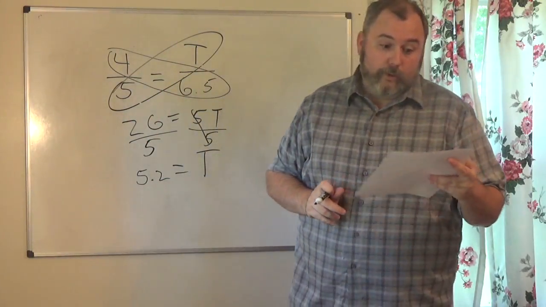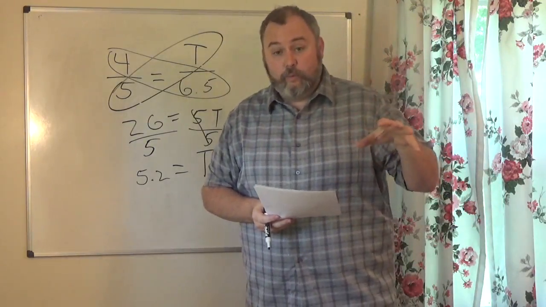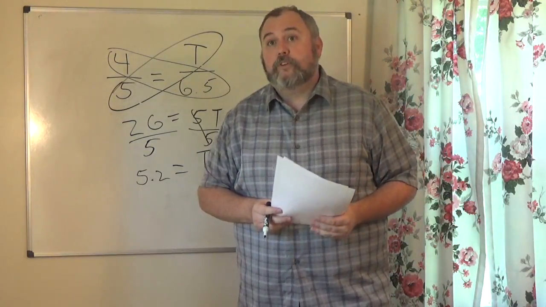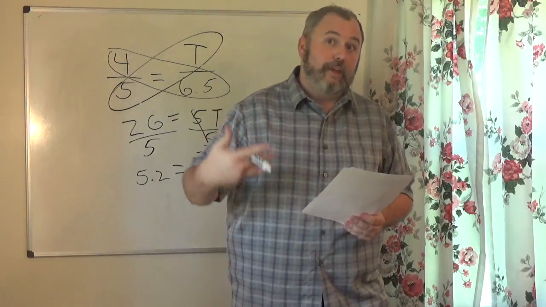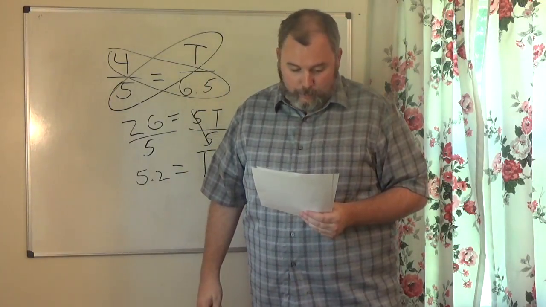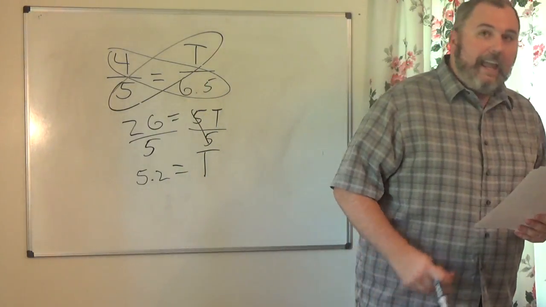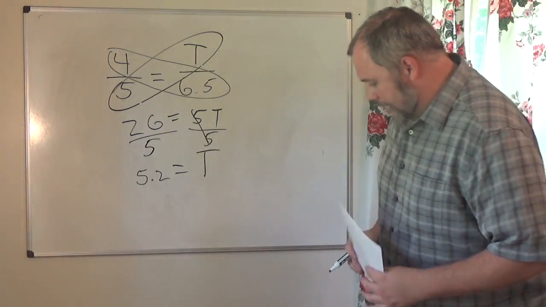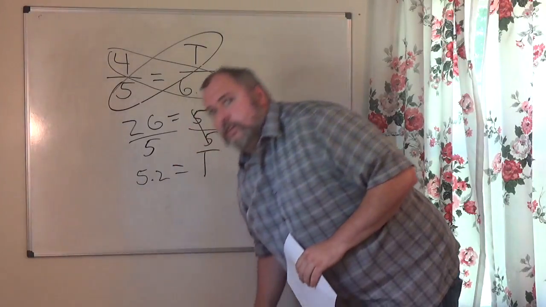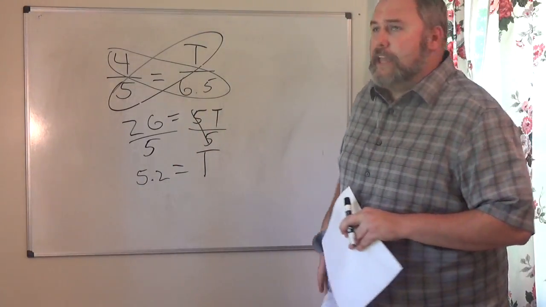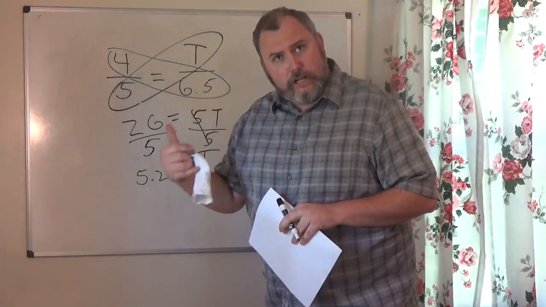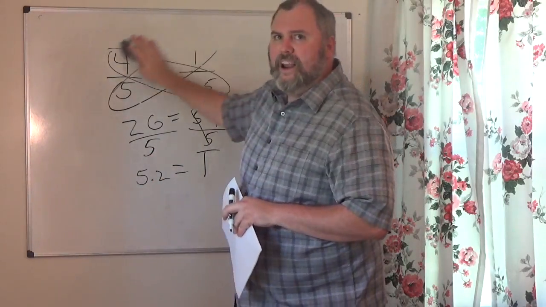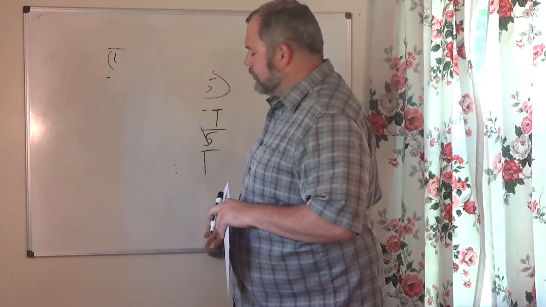Luckily, the word problems we're going to do are pretty much the same thing for this type of proportion. I've given you a basic guideline, and you want to look at a problem and ask yourself, what do I know and what do I want to know?